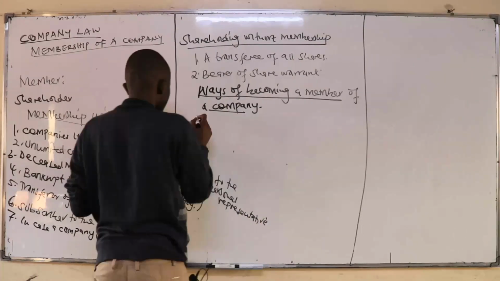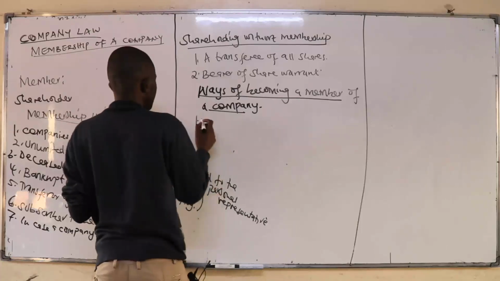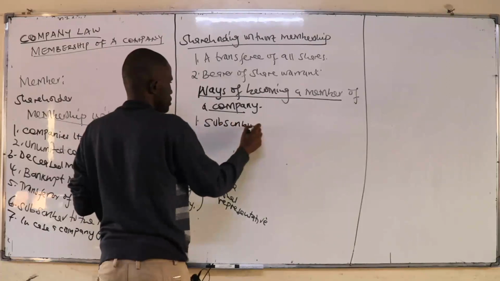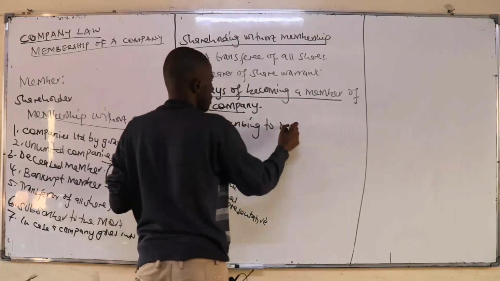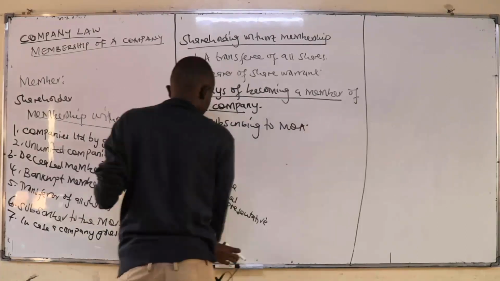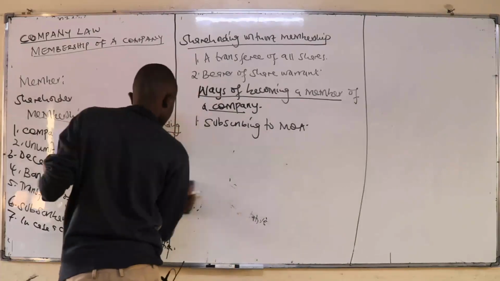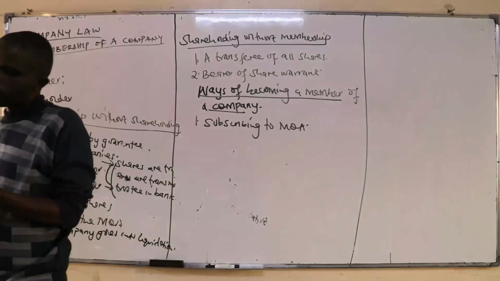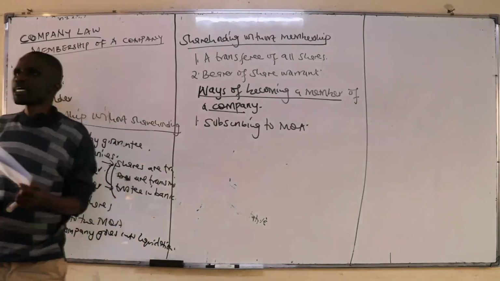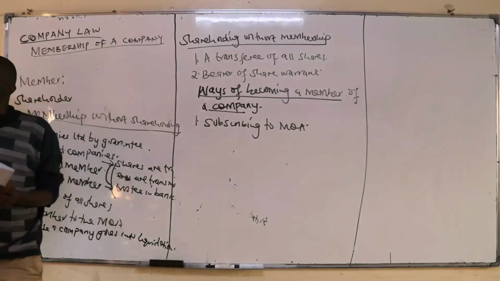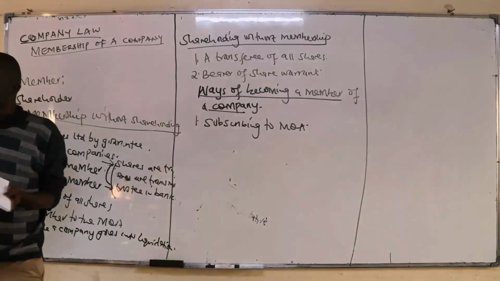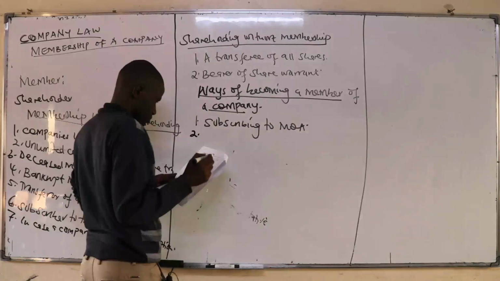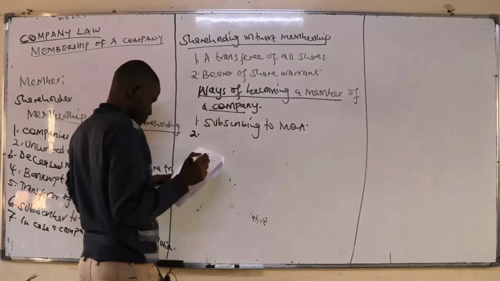One is subscribing to the memorandum of association. I think we said this, that the moment you subscribe to the memorandum of association, these are the promoters, they automatically become members of the company. Are you together?